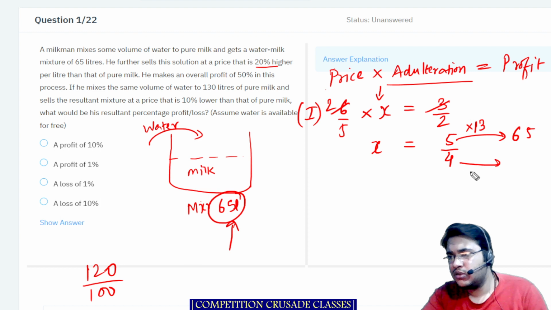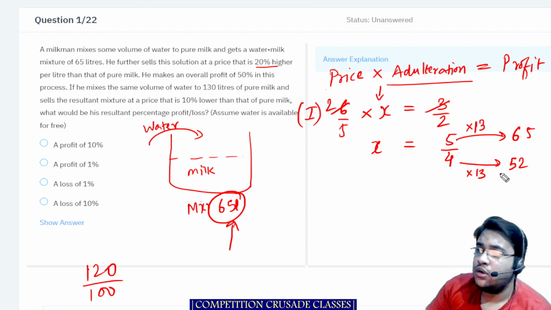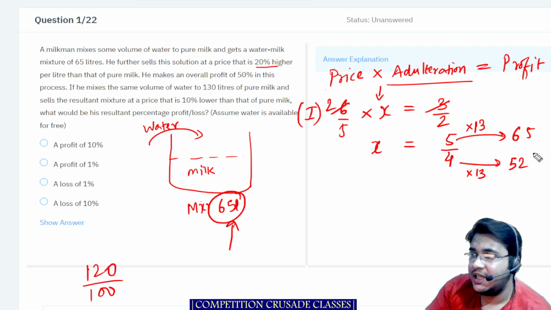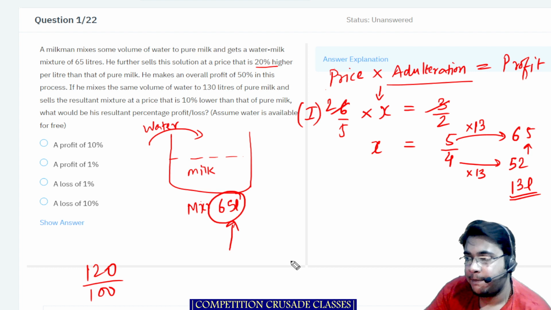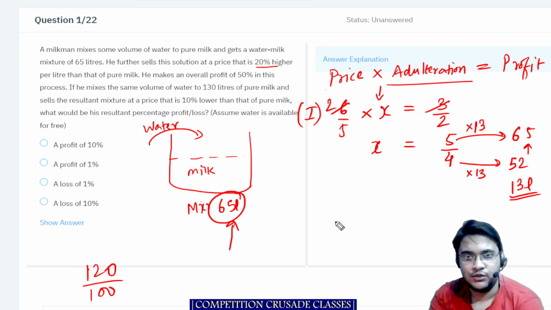So this will also correspond to a multiple of 13, which is 52, if I'm not mistaken. Yeah, correct. And if you see, the water that is added also is 13 liters only. So 13 liters of water is added into that solution.